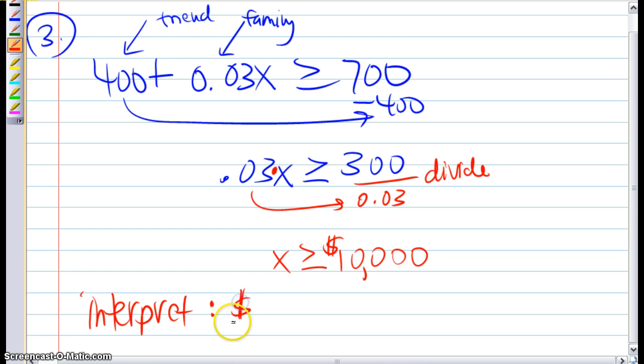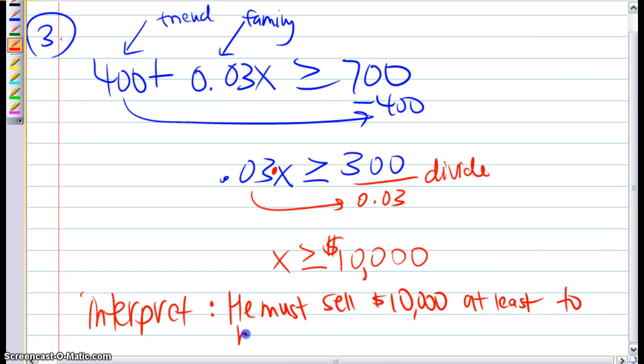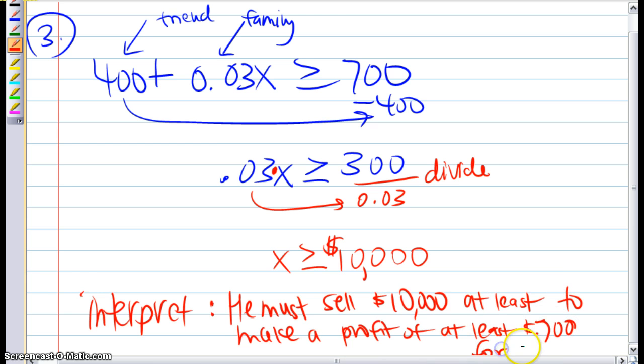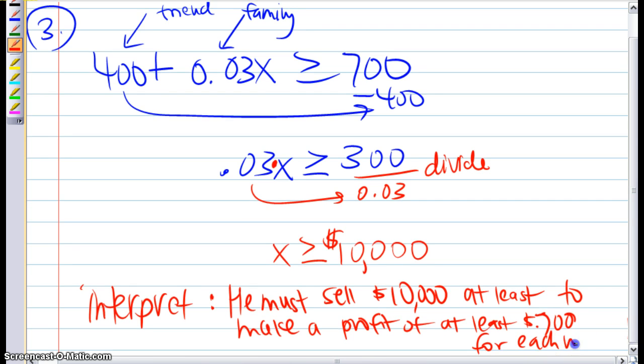It means that the guy must sell at least $10,000 to make a profit of at least $700 for the week. For each week. Sorry, it's kind of messy.